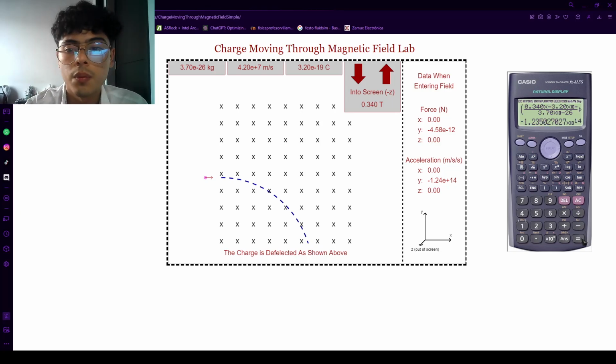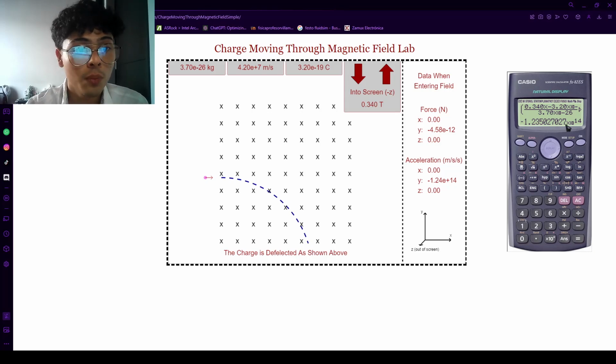The result is negative 1.235 multiplied by 10 to the power 14. The same as the simulator results.